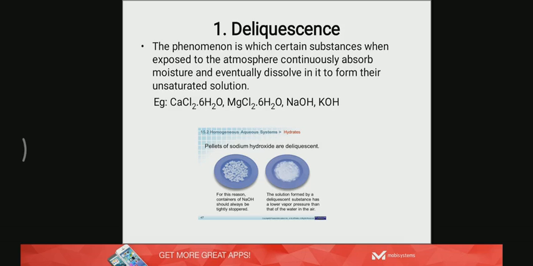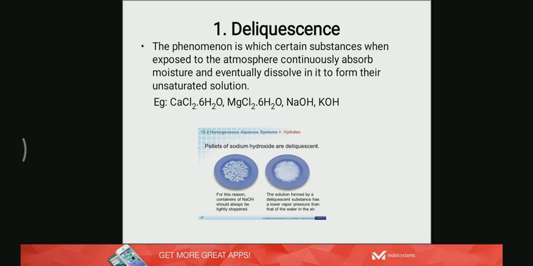So far we were discussing various types of systems coming under solid liquid equilibria, and now we have solid gas equilibria, which is not very common, and we have only to discuss two important phenomena coming under this section. One is deliquescence and the other is efflorescence.